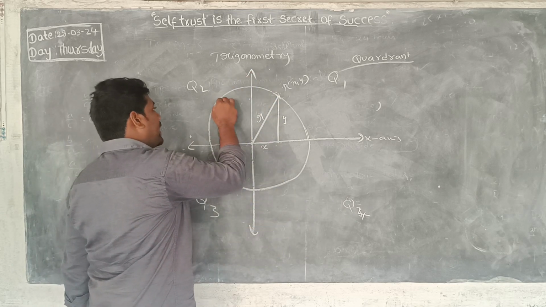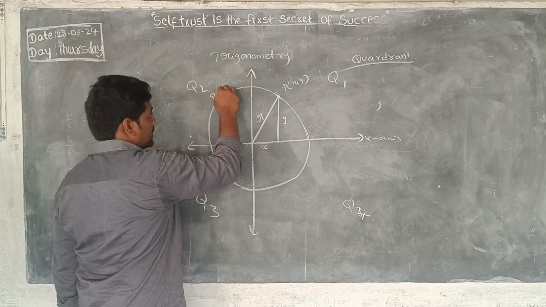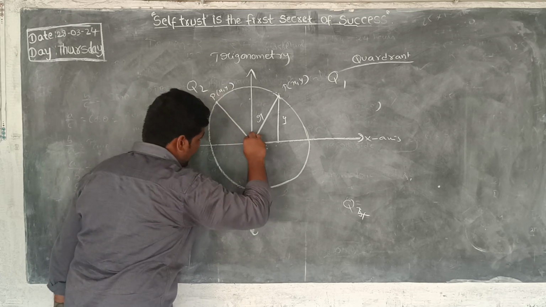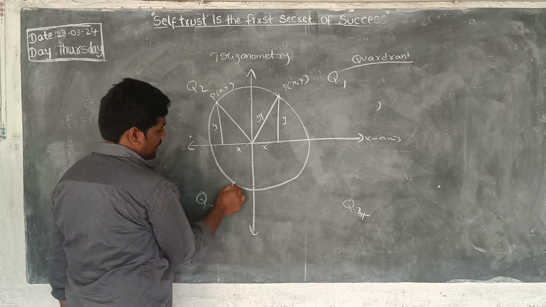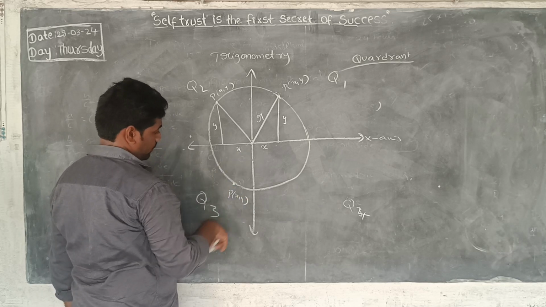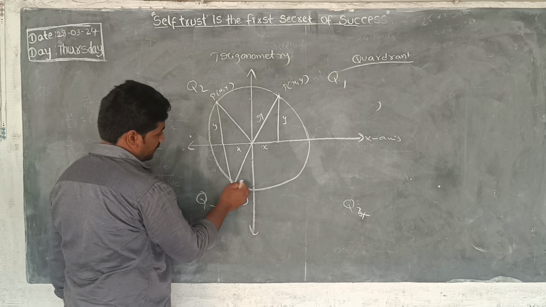I am taking the point P in quadrant 2. So this is x comma y. Similarly, I am taking, this is the radius, the point, this is y, and this is x. If I take in quadrant 3, P x comma y, this is the radius, the distance from here to here.